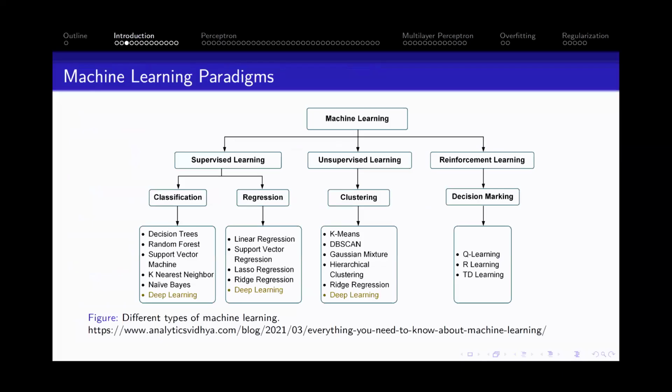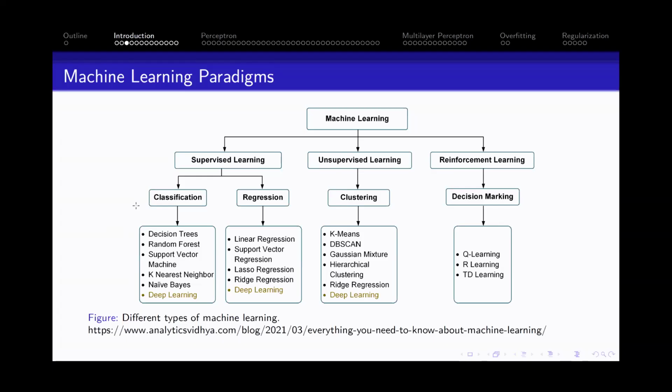This block diagram is showing a general block diagram for different machine learning models that you may apply for supervised, unsupervised, or reinforcement learning tasks. If you look at the downstream branches, you may see classification or regression, and also you can see clustering for unsupervised.